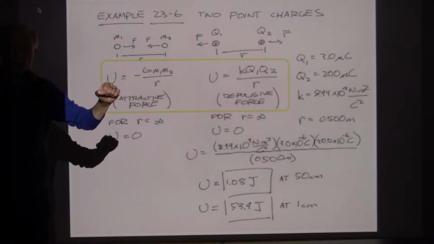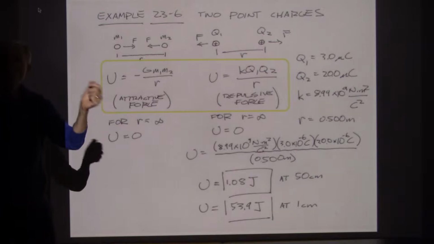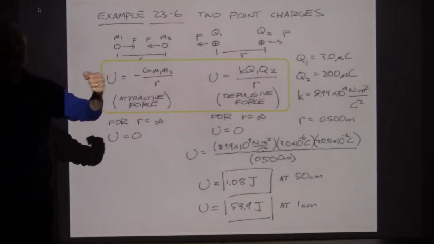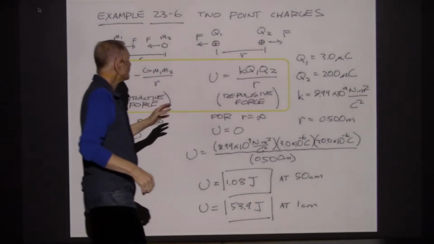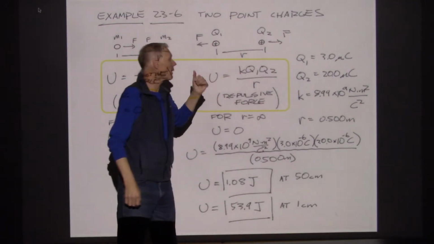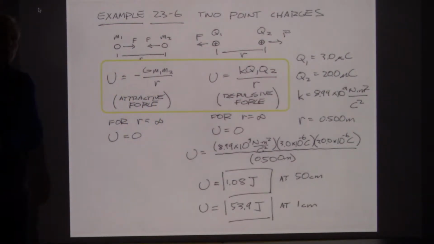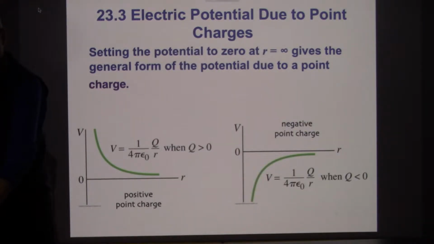If two objects are attracting each other, then when they're close together, we have a negative potential energy, and in order to separate them, I have to put energy in to bring them back up to 0. If the force is repulsive, then the potential energies that get stored up are positive. So for repulsive forces, the potential energies will be positive. For attractive forces, the potential energies will be negative, following that same diagram we had here in terms of electric potentials.